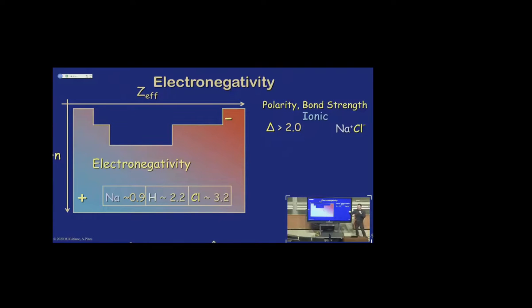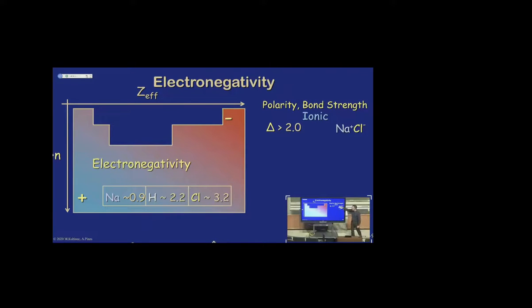So that is a giant difference in polarity, a whole negative charge here and a whole positive charge here. Those bonds are called ionic bonds, and they're the strongest bonds because of that polarity. You can come together and the electron clouds can overlap, and that's great. But if one of you goes to positive and one of you goes to negative, that's going to hold you together too. So these are very strong bonds.